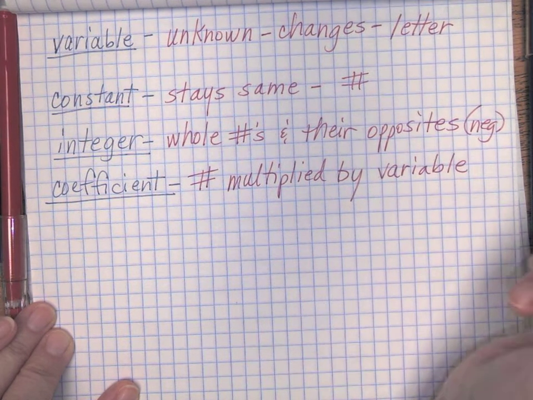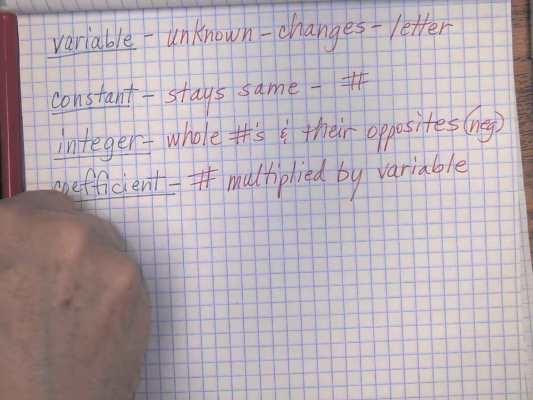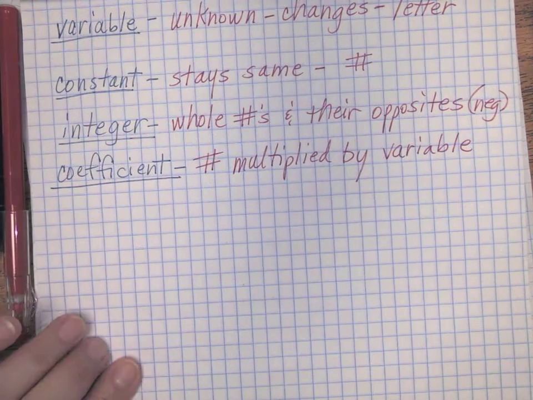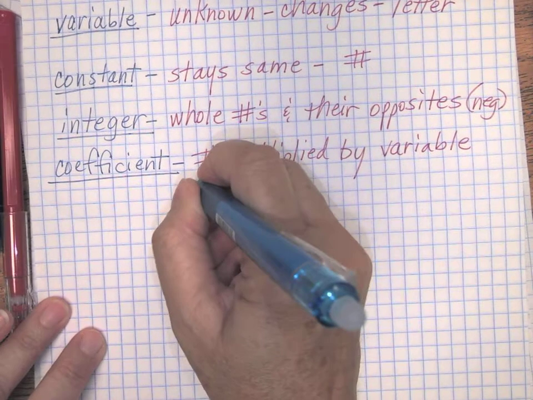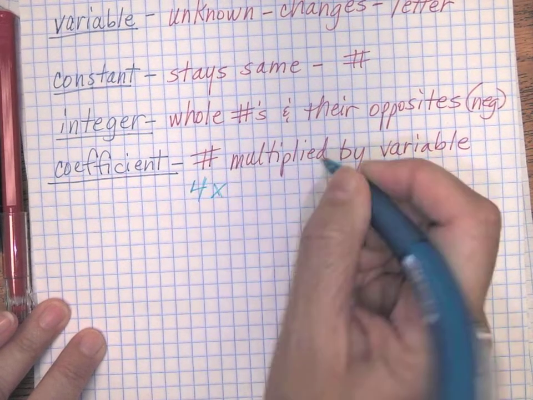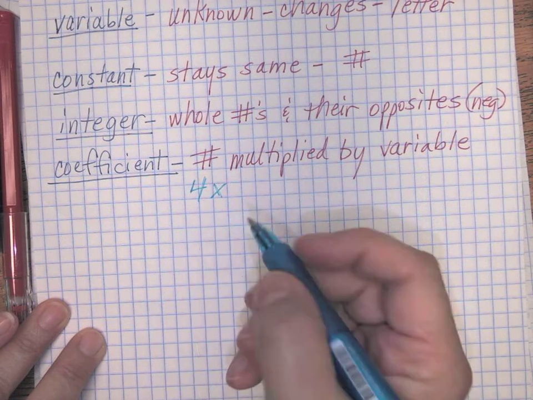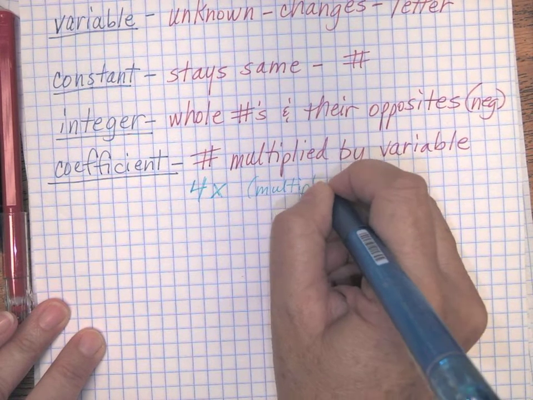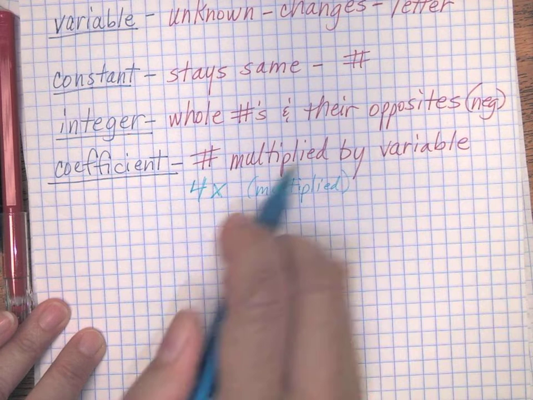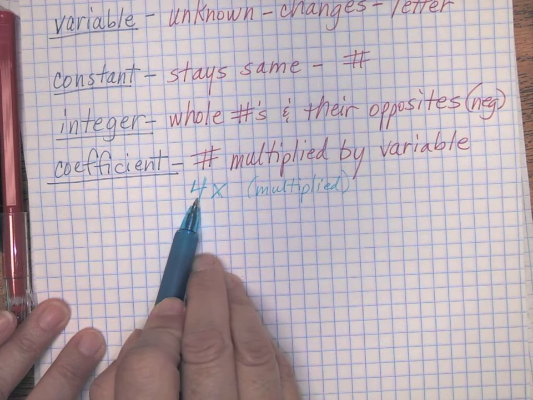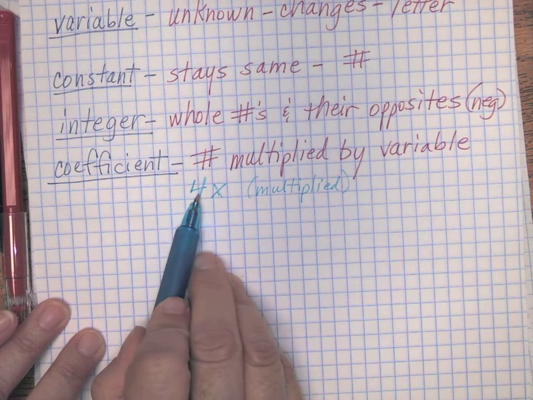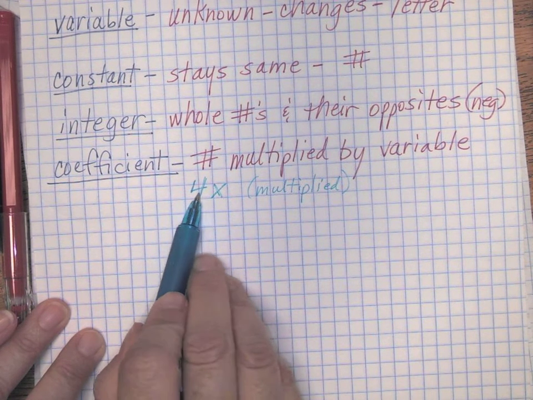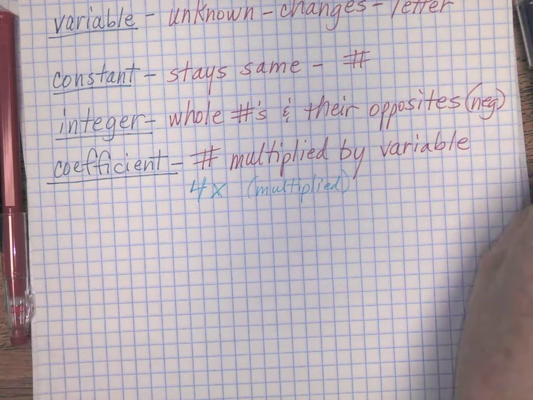So when you have a number and a variable together, let's give an example, like 4x. There's an imaginary multiplication sign here. So the 4 is multiplied by the x, and the 4 is your coefficient. It's a constant, but it's also the coefficient of x because it's attached to it, it's multiplied by it.